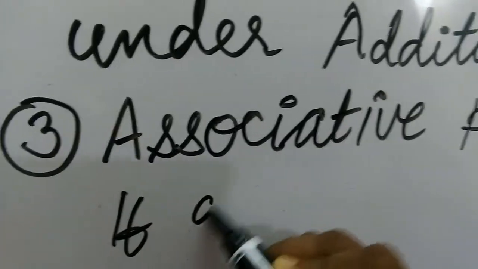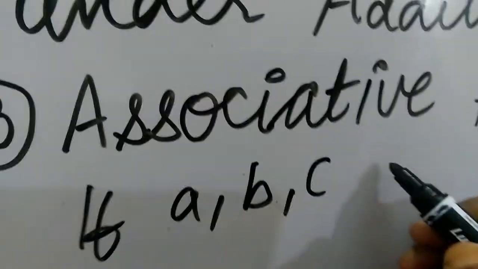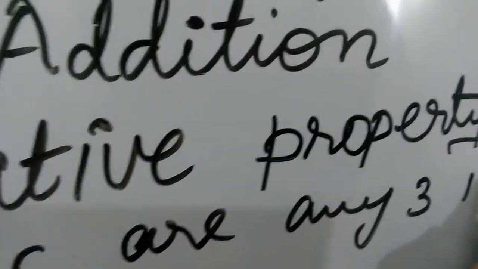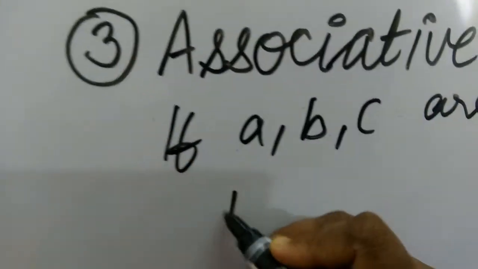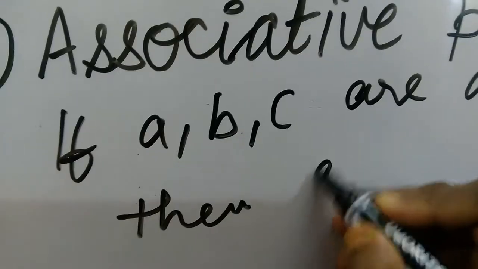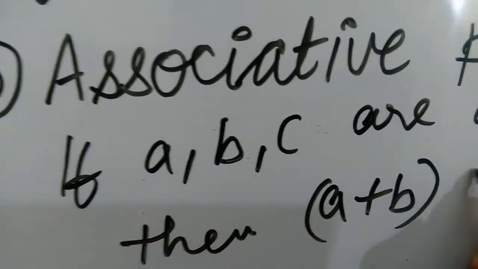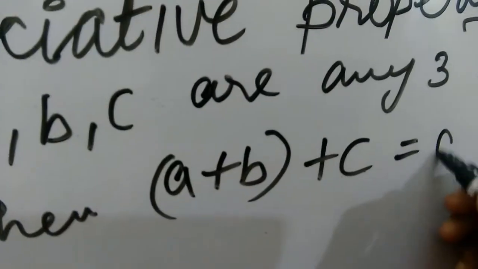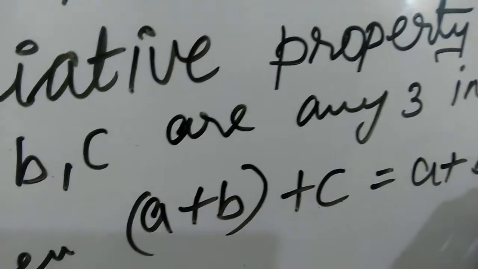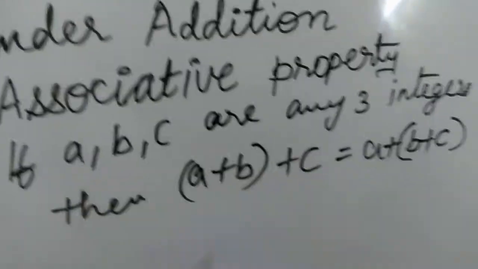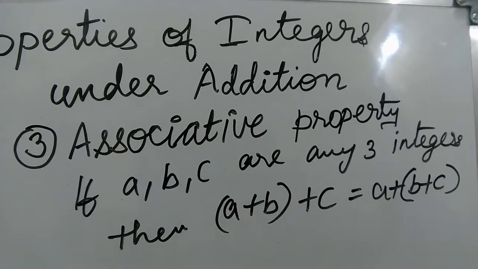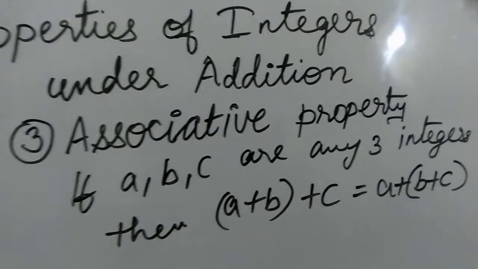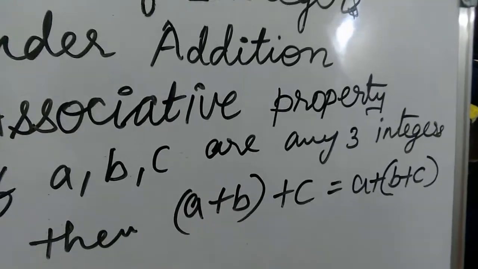Next property, associative property. If a, b, c are any three integers, then (a plus b) plus c equal to a plus (b plus c).